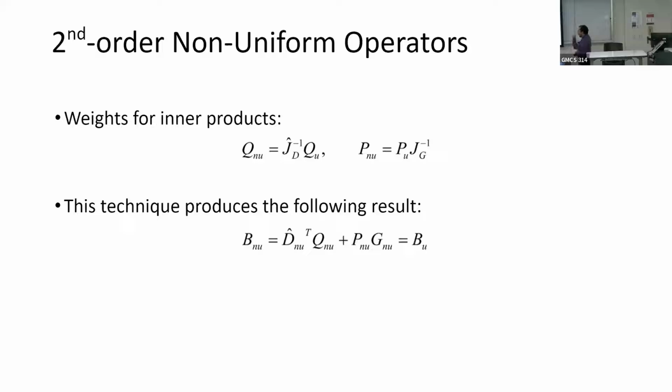This was actually a nice realization: the Q, or the weight matrix of the non-uniform, is the uniform one multiplied by the inverse of the Jacobian of the divergence, which is the corresponding one.